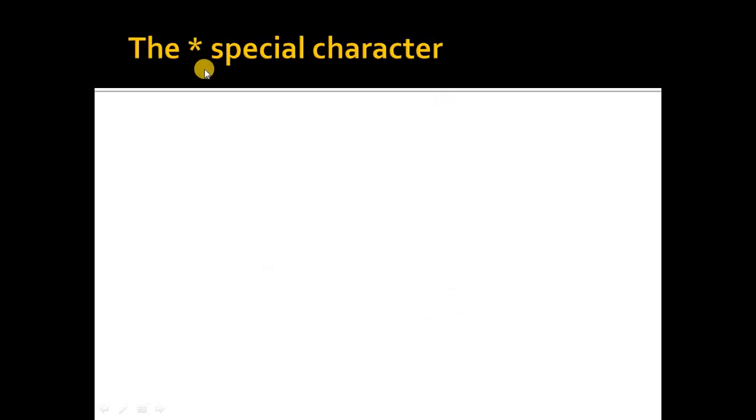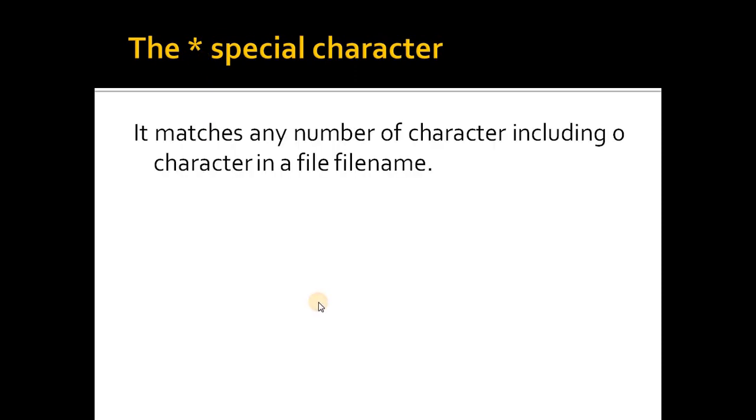Next meta character is the asterisk. The asterisk performs a function similar to that of the question mark, except that it matches any number of characters, including 0 characters, in a file name. So we shall see here an example. We have to list all the files which start with CHAP, and after that we can have as many characters as we want, so that is represented by the asterisk.